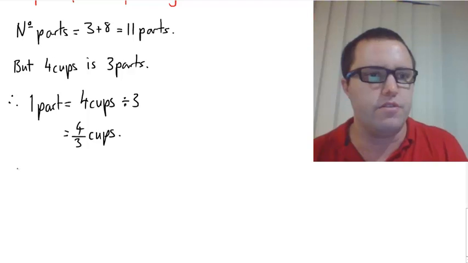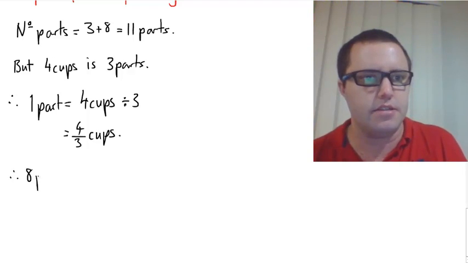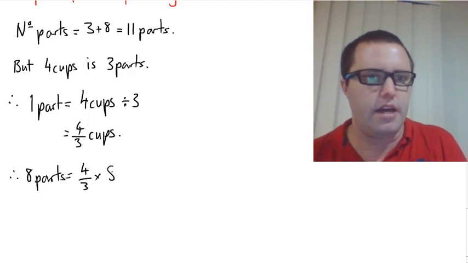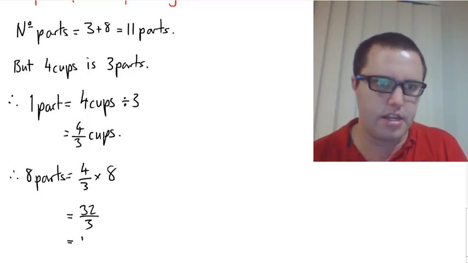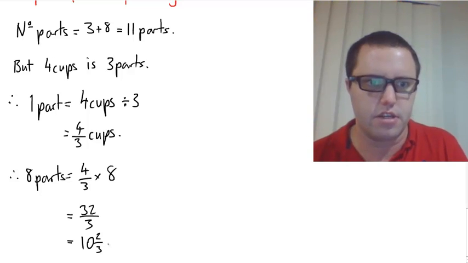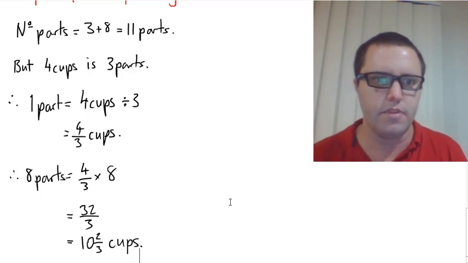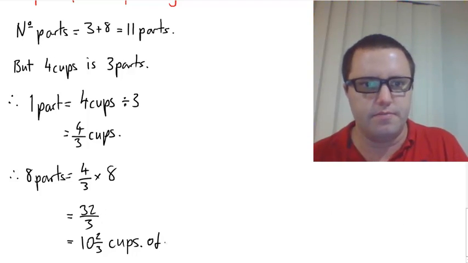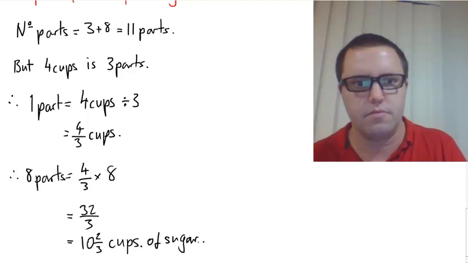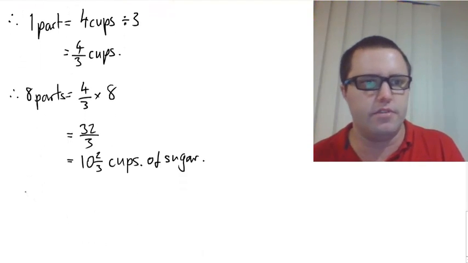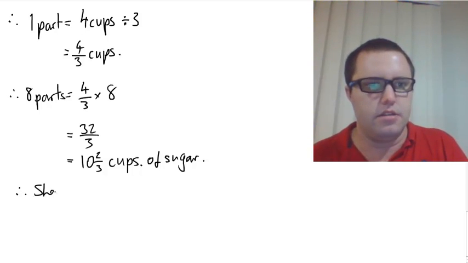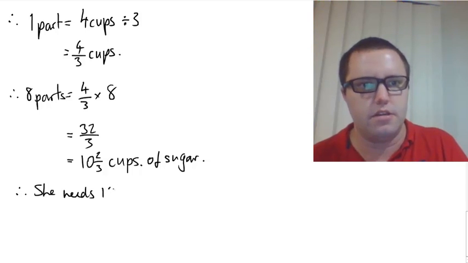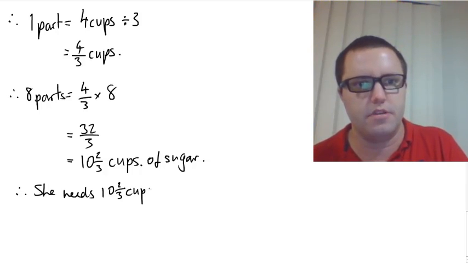So therefore, 8 parts is equal to 4/3 times 8, which is 32 over 3, which is 10 2/3 cups of sugar. This is a nice little wordy problem, so you might want to write: therefore she needs 10 2/3 cups of sugar.